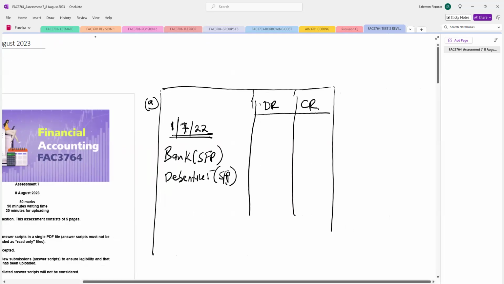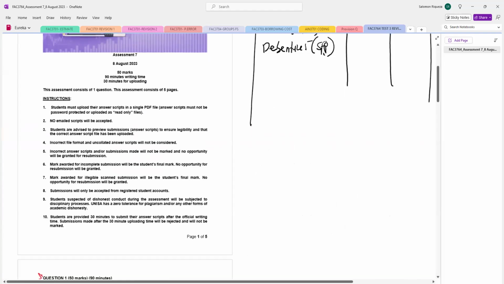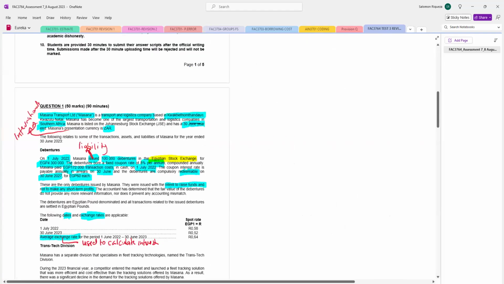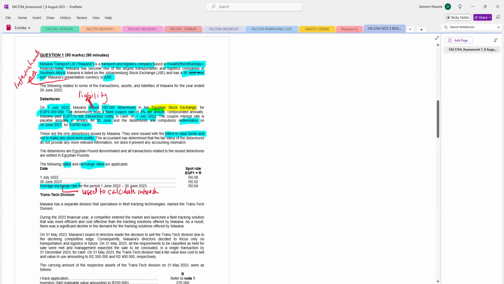All right, so then how much was received and how should this be accounted for? Now remember, the money was received and paid on the 1st of July 2022. At this point in time, my exchange rate was 58 cents per Egyptian pound.